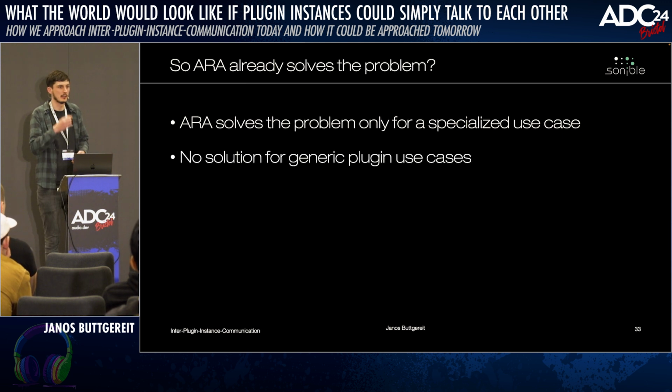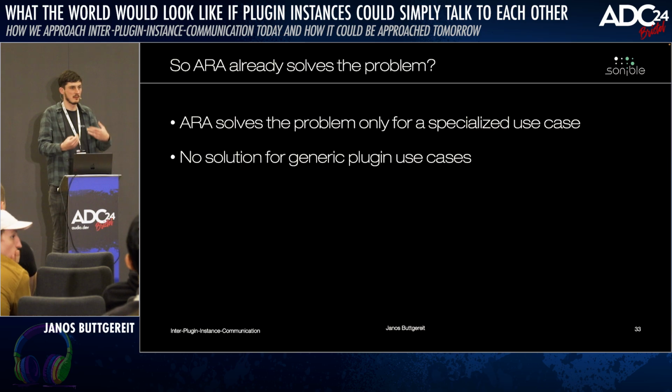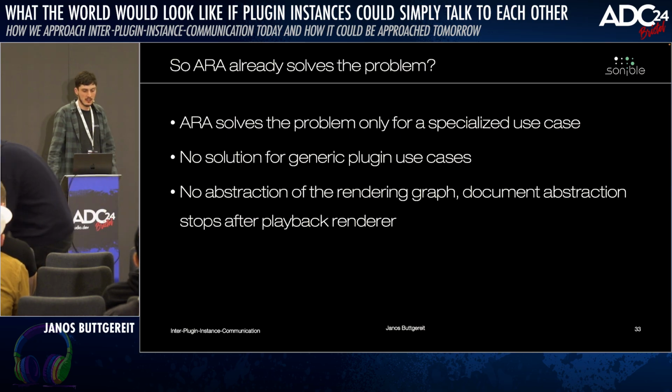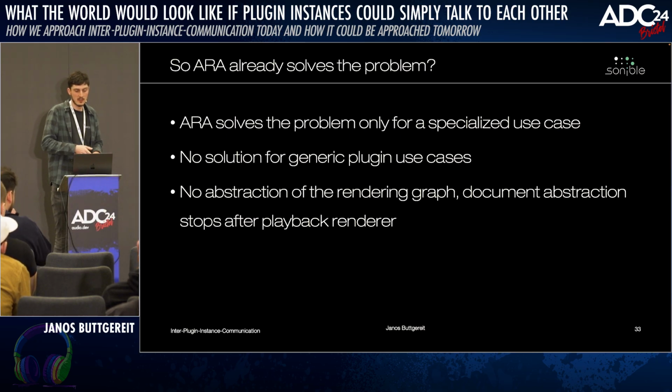So the ARA graph stops after this first playback renderer instance that is used to transform audio files into an audio buffer in some way. And there's no abstraction of the rendering graph contained in the ARA document abstraction.